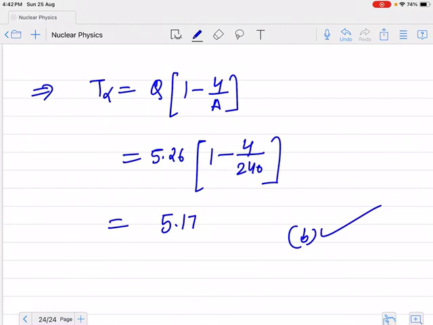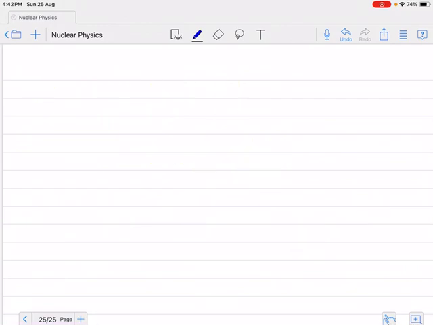There is another very good problem from the GATE examination. You can check the previous year GATE question papers. These are the kinds of problems they ask.